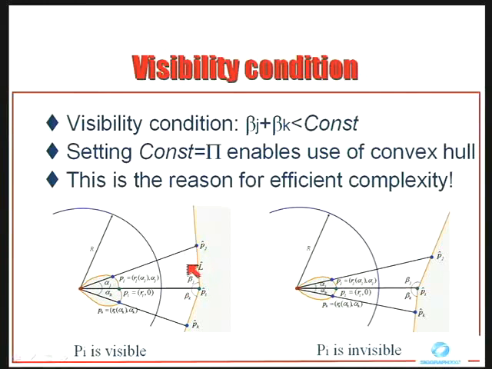So what we need is to set a threshold. But instead of setting a specific threshold, we're going to set the threshold to be pi. This enables us to use the convex hull to construct all those curves instead of computing for every single point its two special points. This observation is important and is the only reason that this operator is efficient.